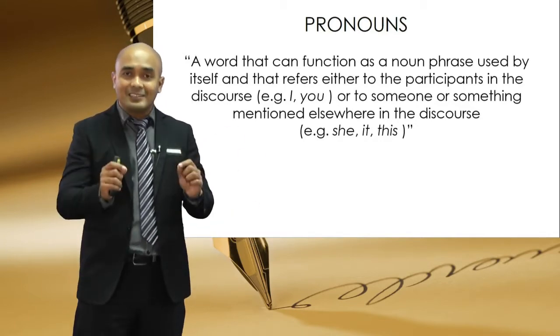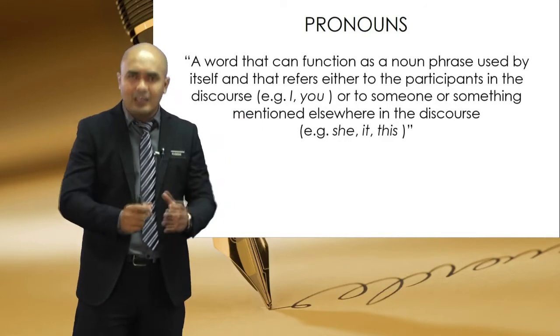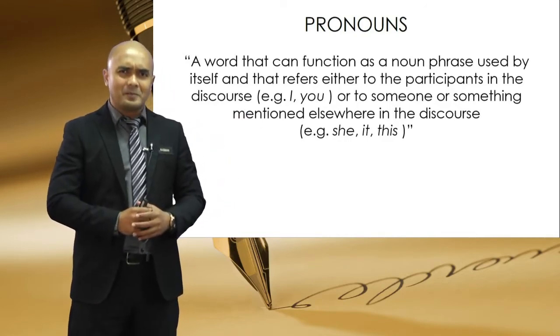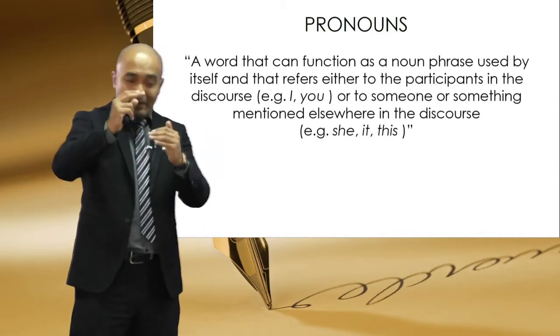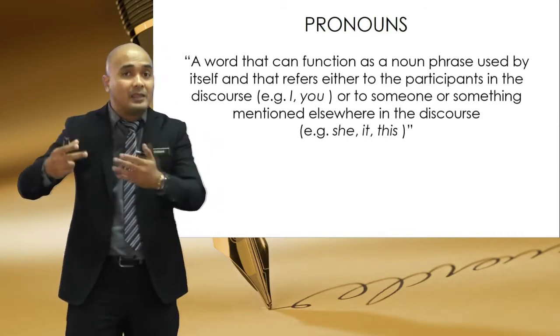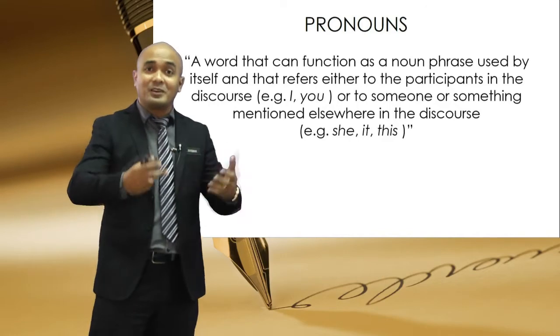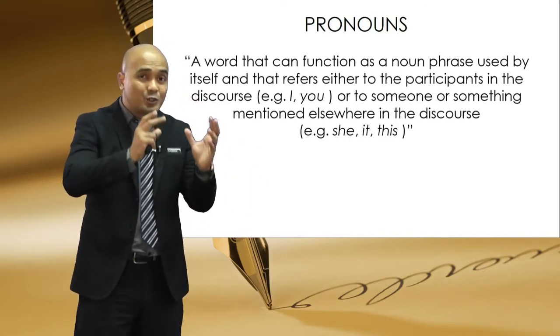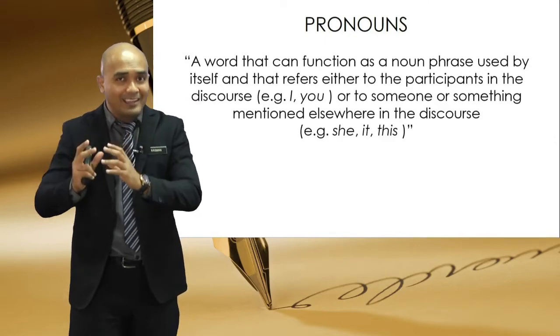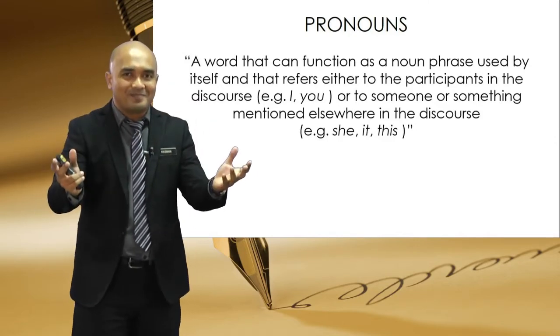And that makes the sentences look weird. Right? So we have to change my name, Shafiq, with another word that can represent my name. And that word that we use to represent me is a pronoun.